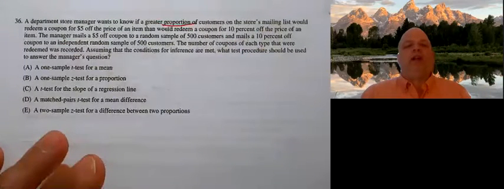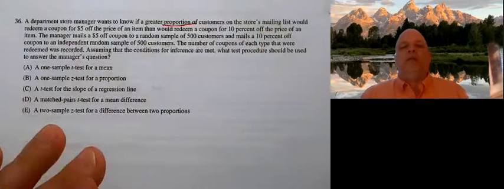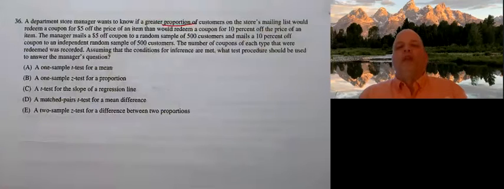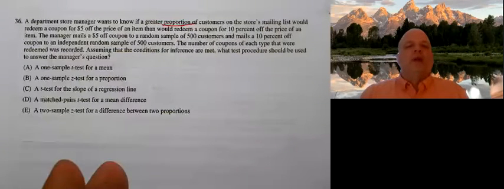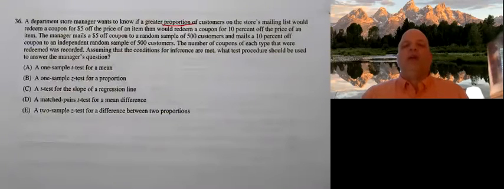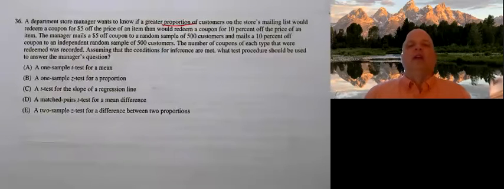So the manager mails a $5 off coupon to a random sample of 500 customers and mails a 10% coupon to an independent sample of 500. The number of coupons of each type that were redeemed was recorded. Assuming the conditions for inference are met, what test procedure should be used?